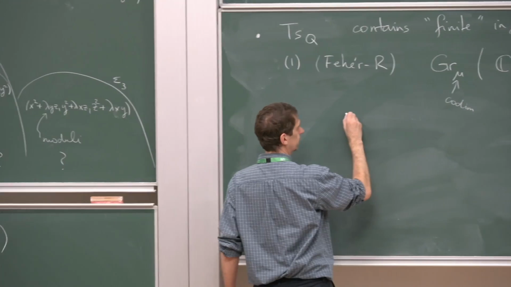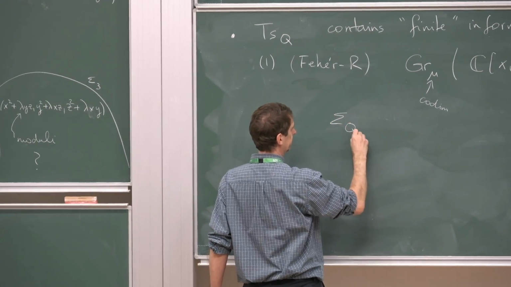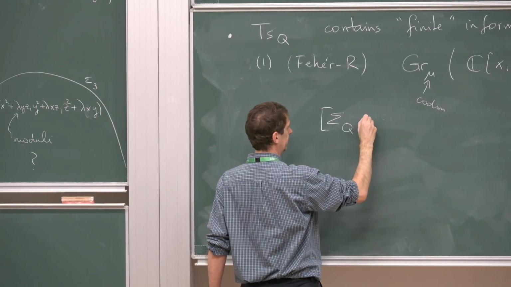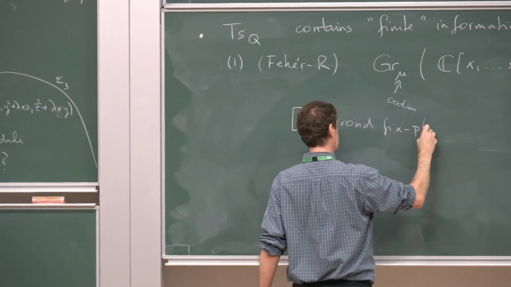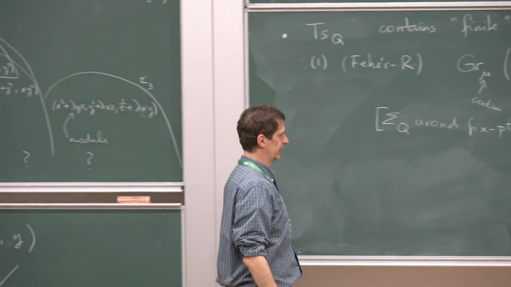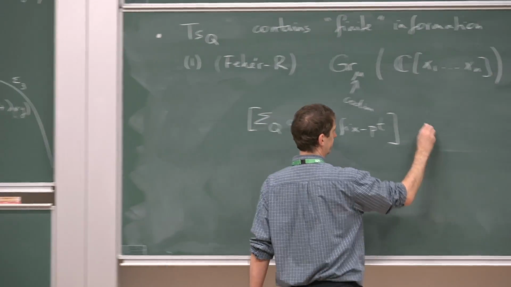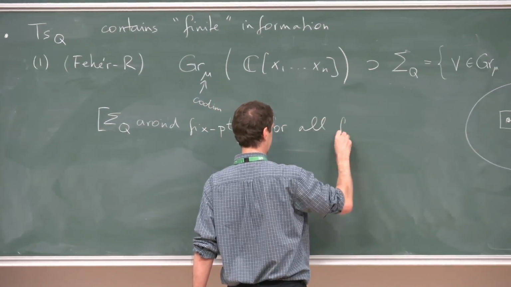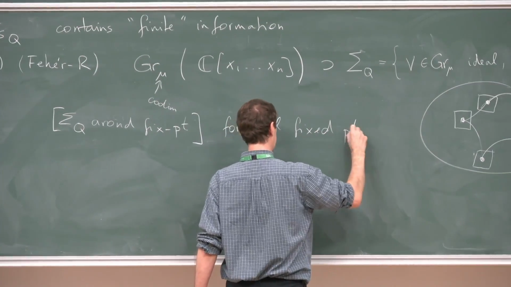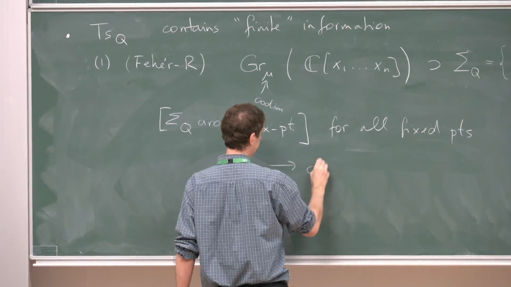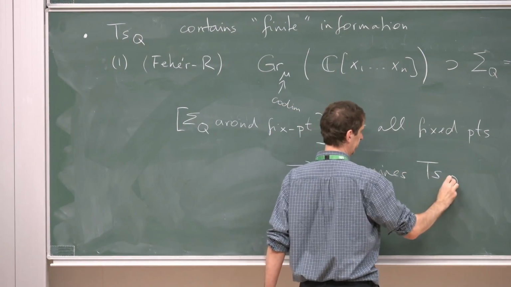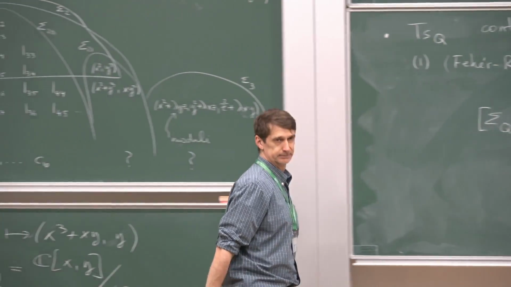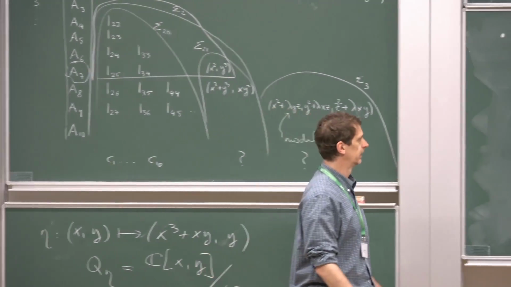So knowing the fundamental class of sigma around a fixed point, for all fixed points, determines the Thom series of Q.